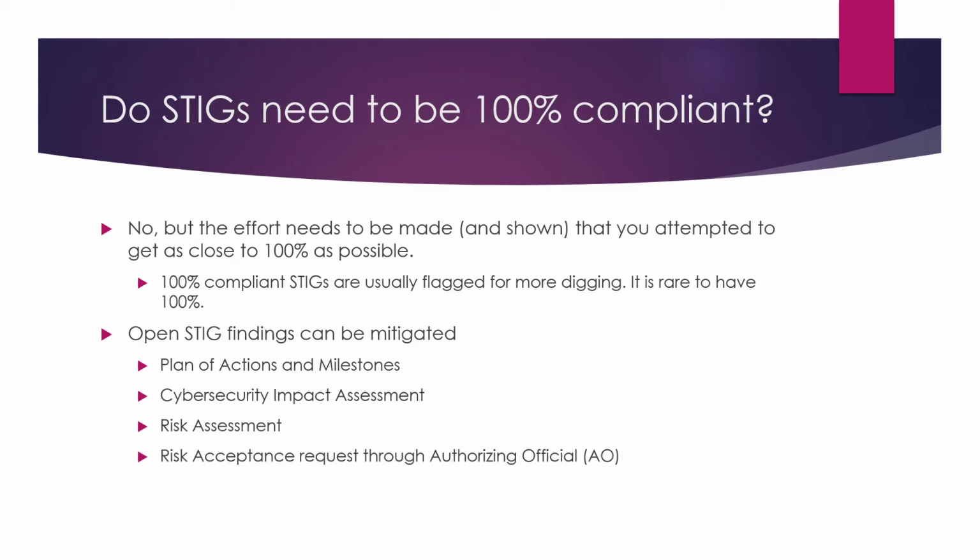You need to look at dollar amounts, so you're doing qualitative and quantitative risk analysis to be able to submit these to your security control assessor representative or your security control validator or whoever's doing your RMF, so that they know what the problem is, why you can't fix it, if you could, how much it's going to cost, so that you can plan this out as part of your POAM, your plan of action and milestones.